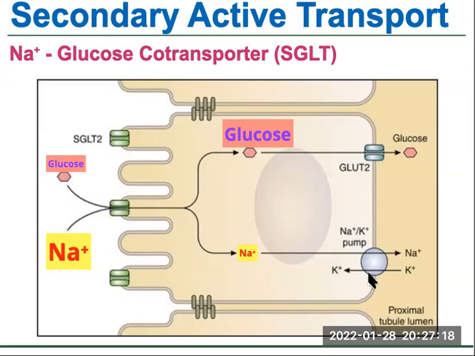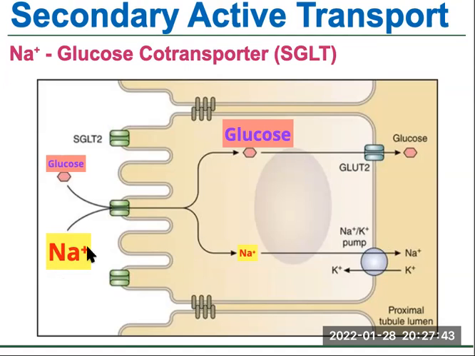So here we can see, as we just discussed in the previous slide, the sodium concentration gradient established by the sodium potassium ATP pump. So we're able to maintain a low concentration of sodium inside the cell, and we have a higher concentration of sodium outside relative to inside the cell.